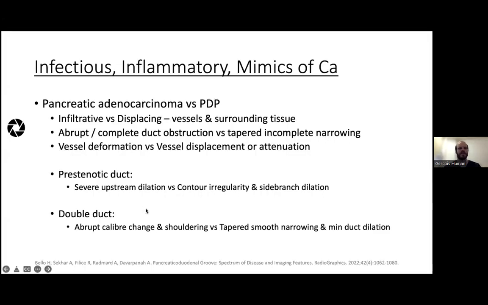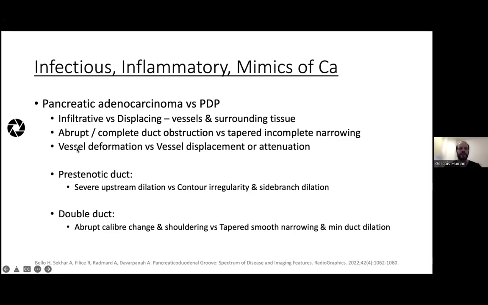Some imaging features suggest that it might look very much like adenocarcinoma. The carcinoma will be more infiltrating versus displacing. Especially your vessels and surrounding tissue would be displaced in pancreatitis rather than infiltrated.